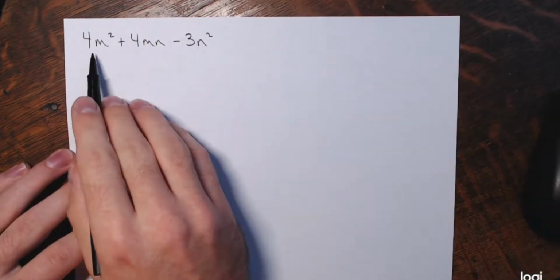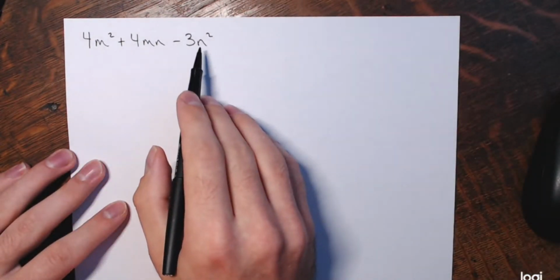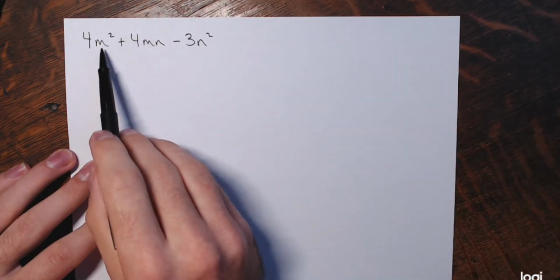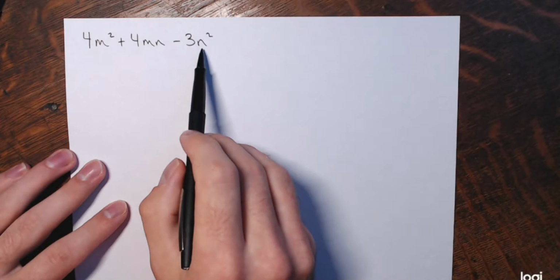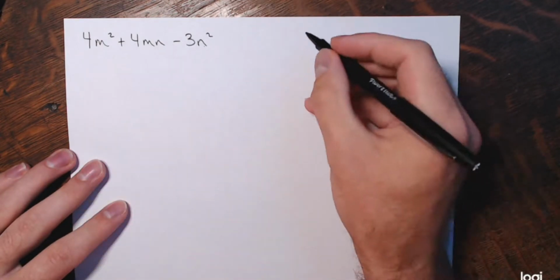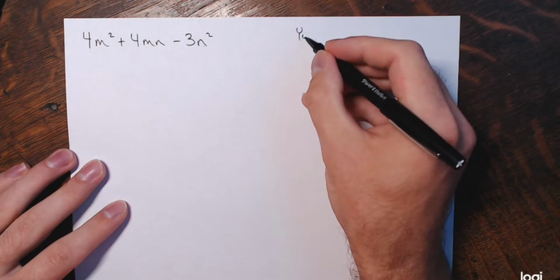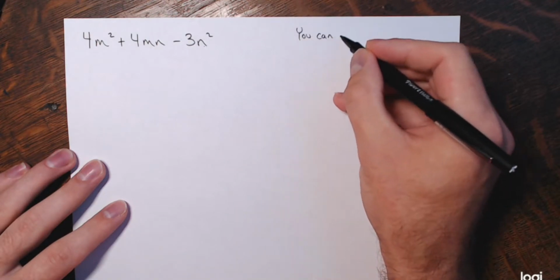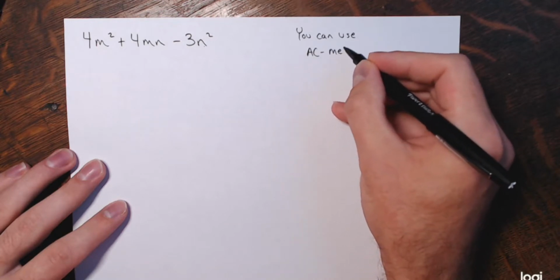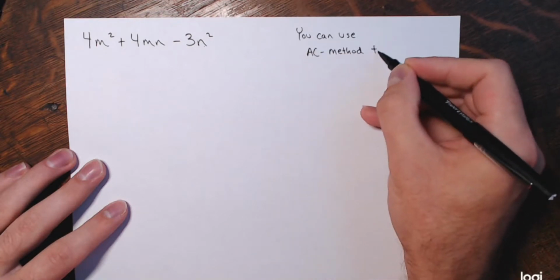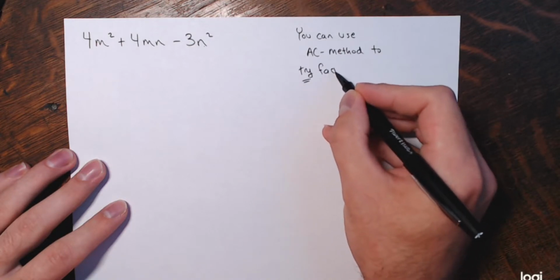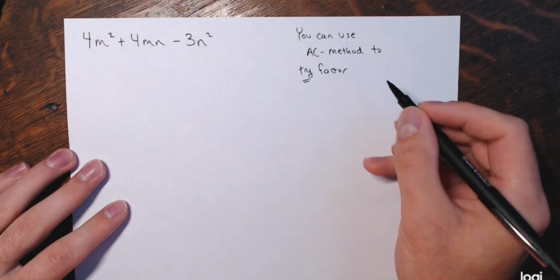Now, this one has two variables, but notice how it's quadratic in m and in n. You have m squared, m to the first, no m. And then going right to left, you have n squared, n to the first, no n. You can use the AC method to try factoring. Again, I say try factoring because some aren't factorable.